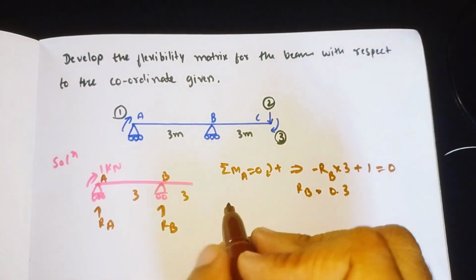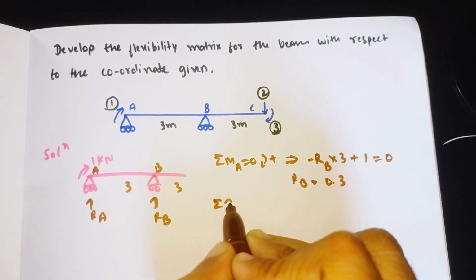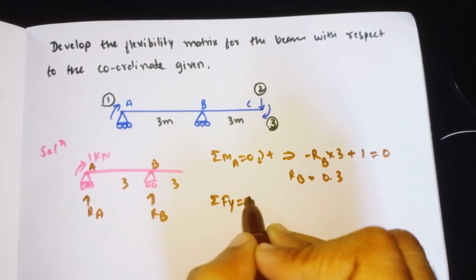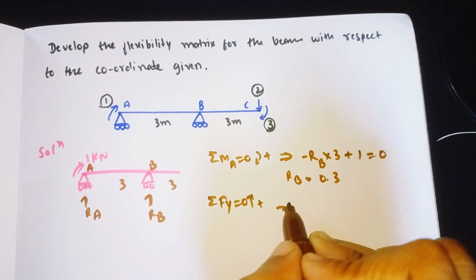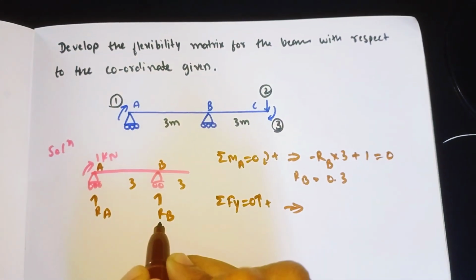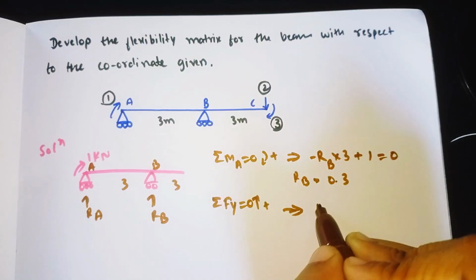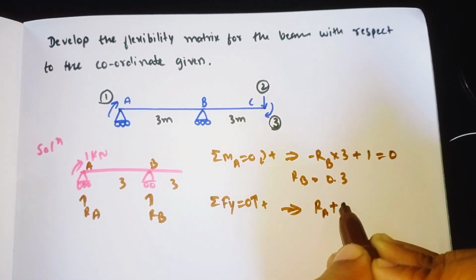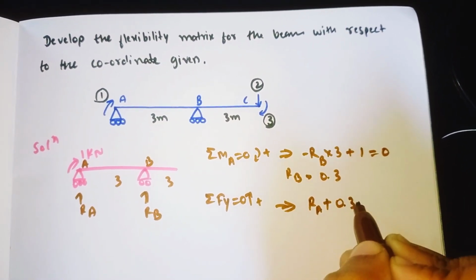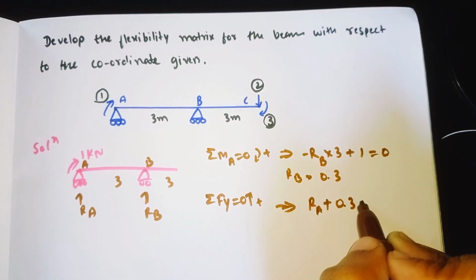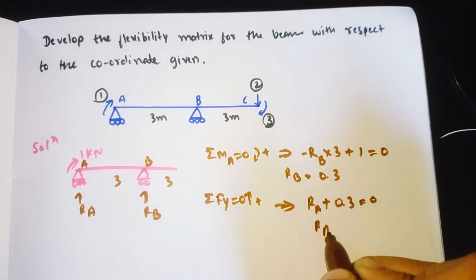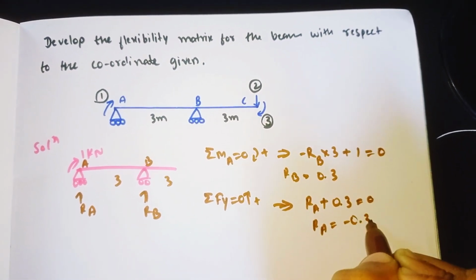Similarly for RA we need to apply the summation of all the vertical forces is equal to 0. Upward we need to take as positive. Here RA and RB are moving upward. So we need to take the vertical forces only. So RA plus RB, the value we got was 0.3, is equal to 0. So now RA will come out as minus 0.3.